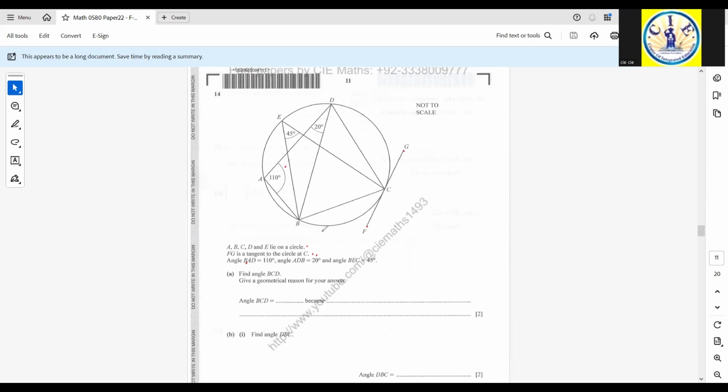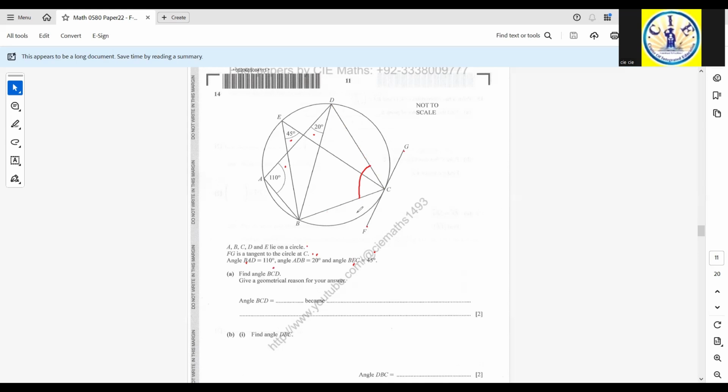Angle ADB is equal to 20 degrees. And angle BEC is equal to 45 degrees. Find angle BCD. This is the angle I need to find out. Give a geometrical reason for your answer.